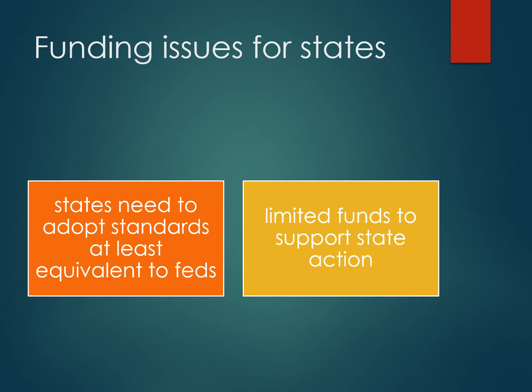Now, the first part, when I say that they need to adopt standards at least equivalent to those of the federal government, I said a minute ago they could request a waiver. For example, one of the things that California did, because they have had such high levels of smog, is that they would get waivers to make their air cleaner.